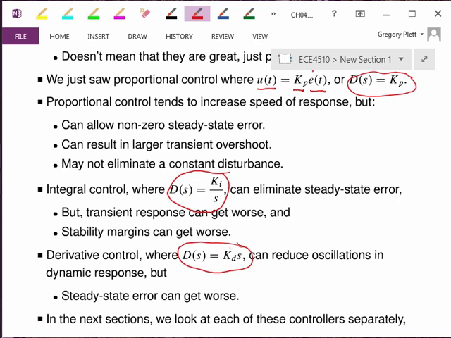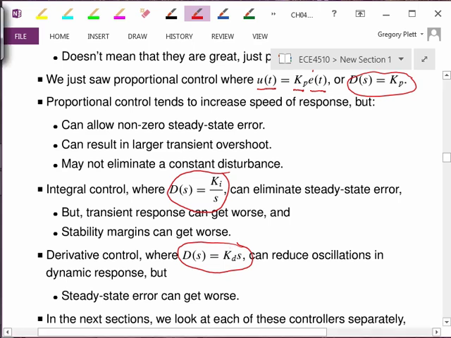So ideally, we need to learn how to combine the best parts of all three of these together to make a single controller that improves steady-state error, improves transient response, and reduces oscillations. And that's why we use a proportional term and an integral term and a derivative term, or we have the entire PID controller terms.